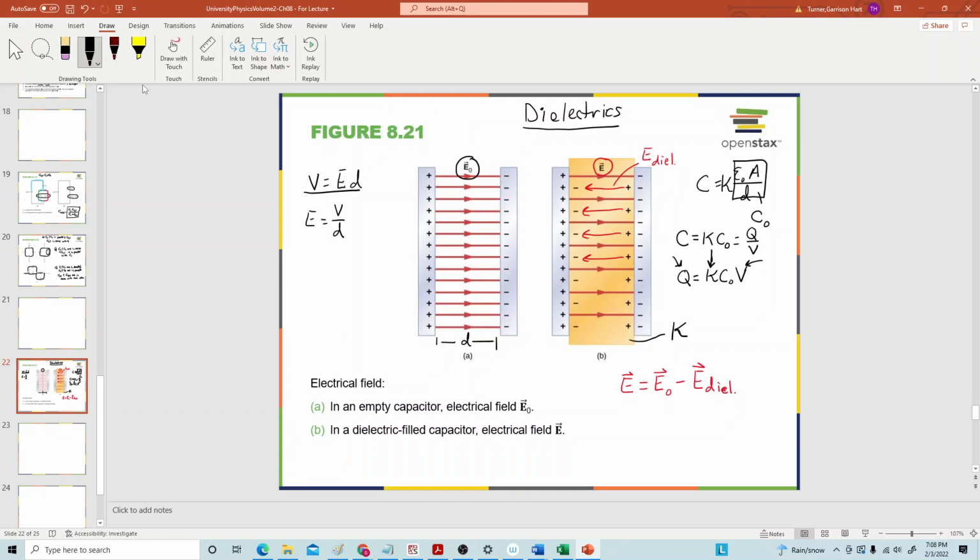Okay? So dielectrics allow you to put more charge on the plates for a given voltage without reaching a breakdown in the electric field and causing your device to fail. So the dielectric serves both to increase the efficiency of the capacitor and to allow you to put more charge on it before it would fail.